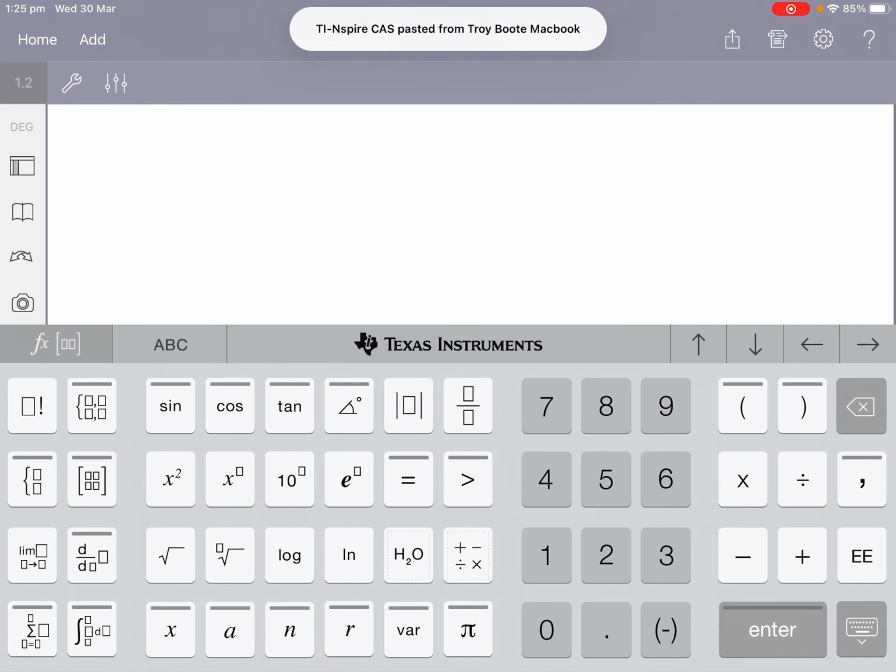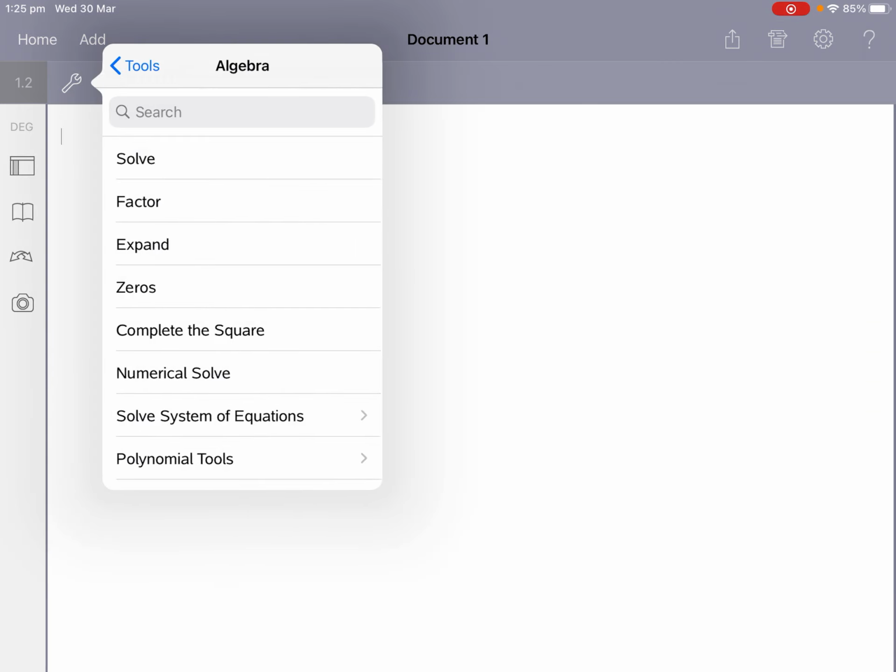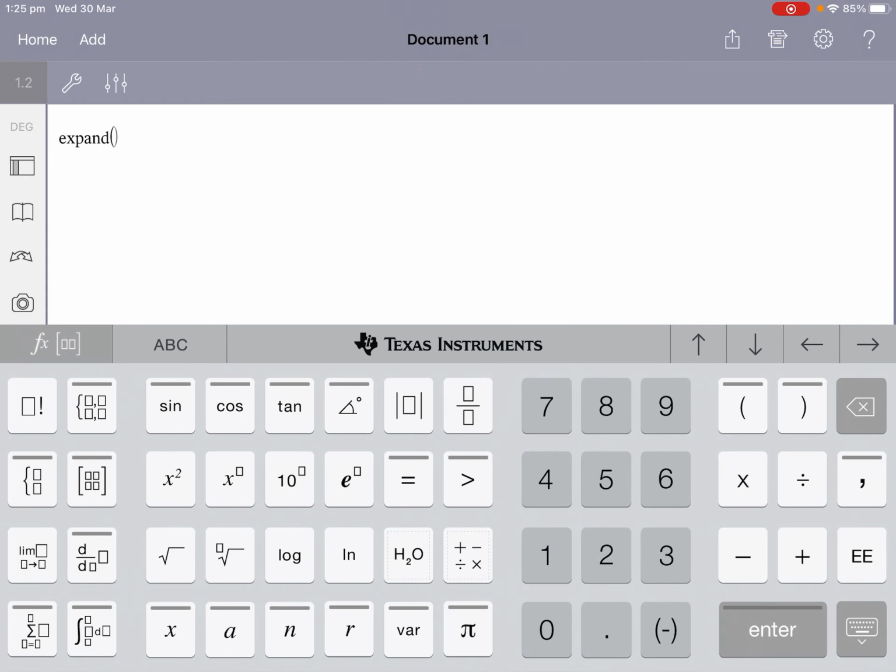Okay, we go to our calculator screen. So we actually want to expand this. So I'm going to go to, now I've got the little spanner. That spanner is like my menu. So I click the menu button. I then go to algebra, and I'm going to expand 3 times 2a plus 4, close the bracket, plus 2 times 4 minus 2a, close the bracket.